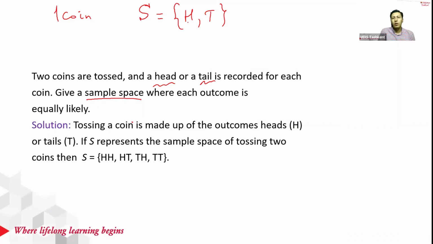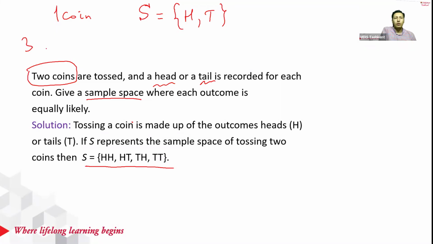So that is sample space. Sample space is all the possible outcomes. So if you toss two coins, then this is all the possibilities. You may get head head, head tail, tail head, or tail tail. Understand?